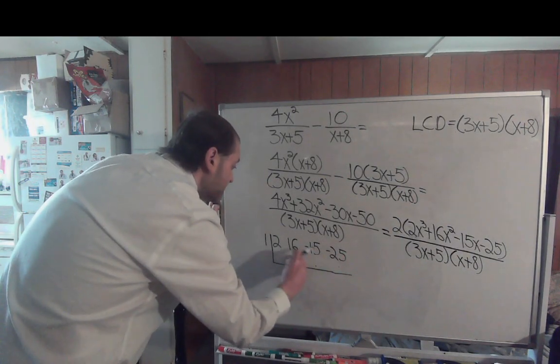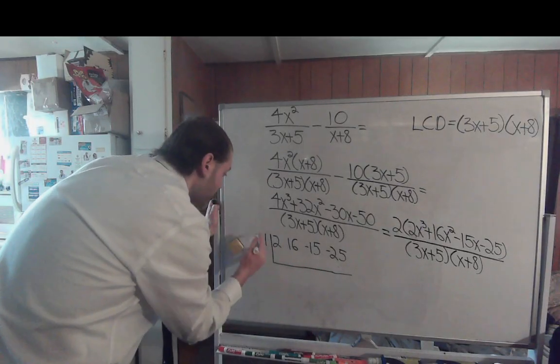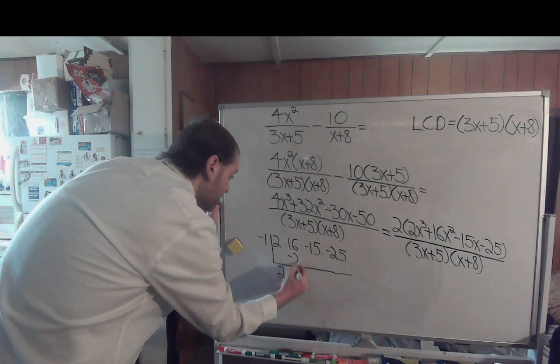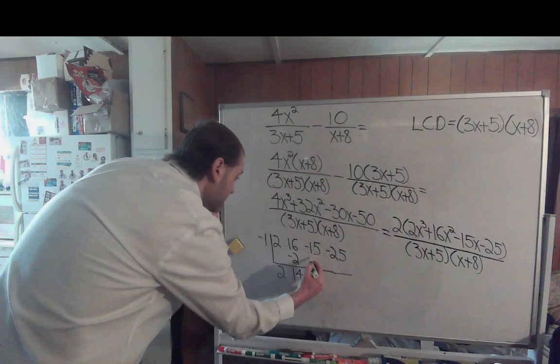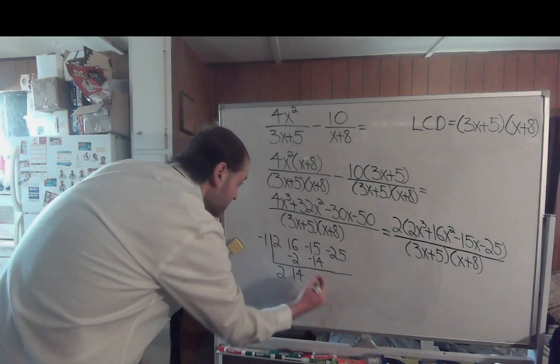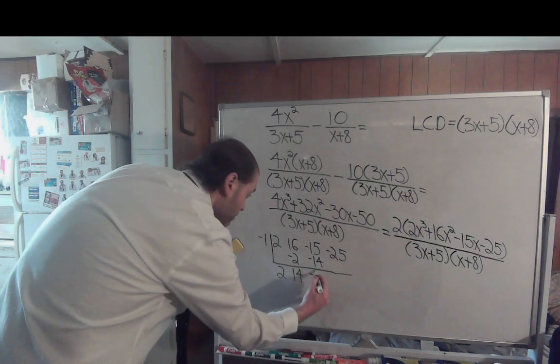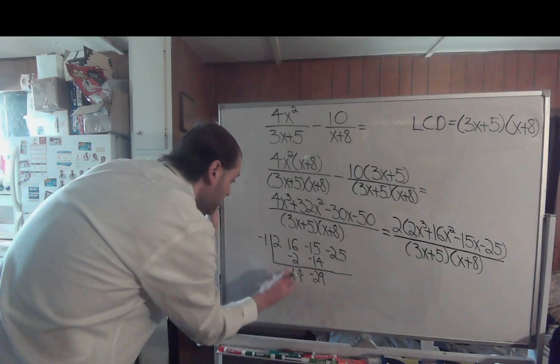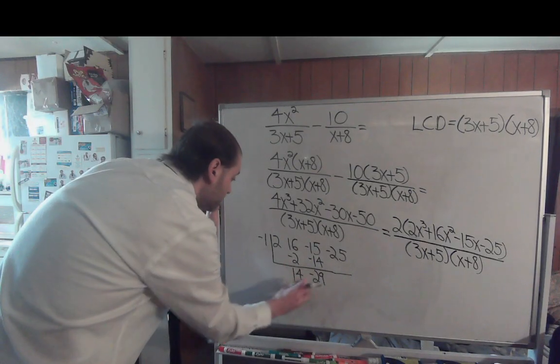Sometimes you've got to see if you can factor this any further. Alright, so let's see. That would give me 14, negative 14, so that would end up being negative 29. Nope, you get a remainder of 4. That doesn't work.